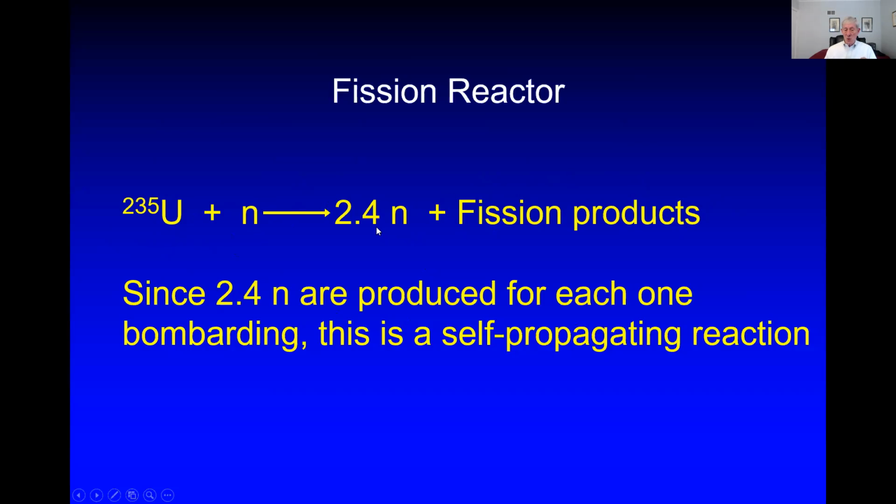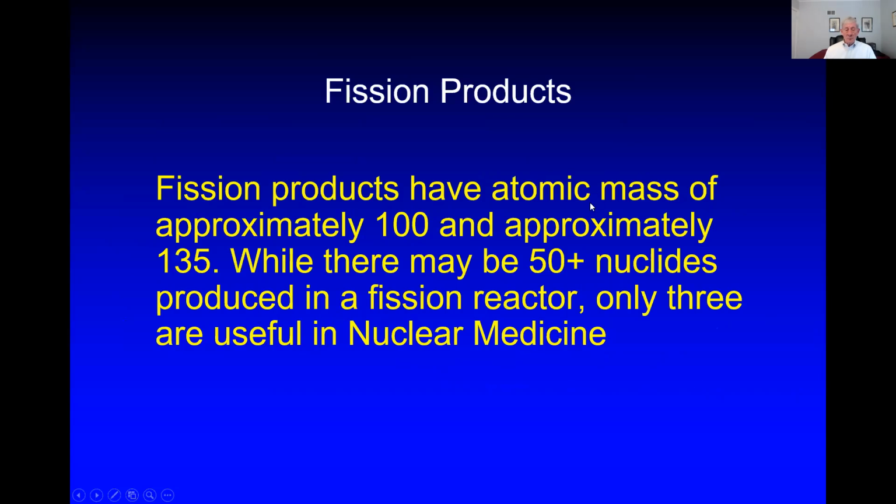And it produces 2.4 neutrons for every neutron in. So after this reaction gets going, it's actually self-propagating. You can take the neutron source away and it just keeps on going. The fission products have atomic masses of around 100 and around 135.